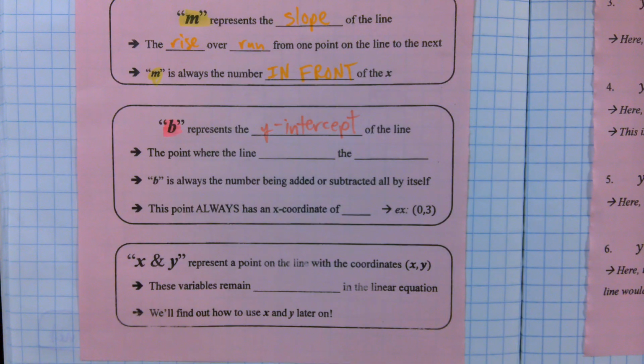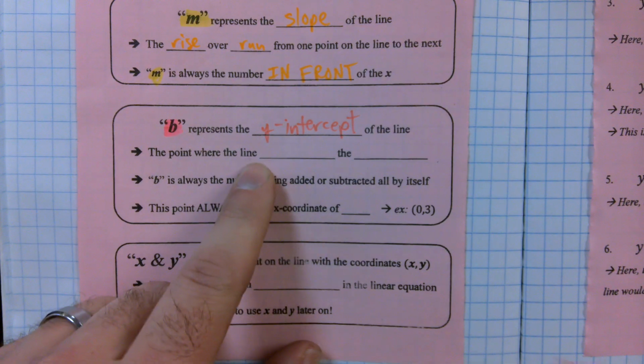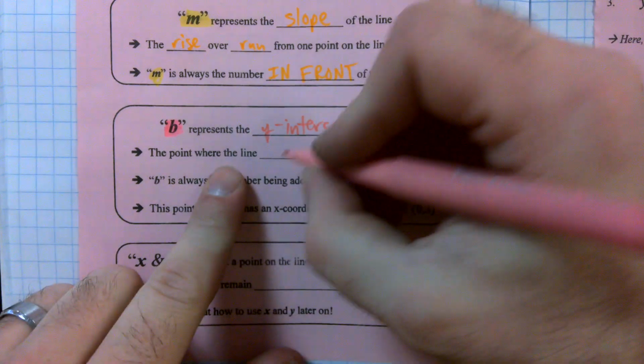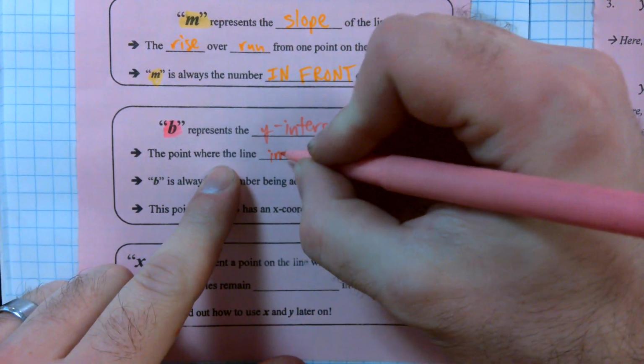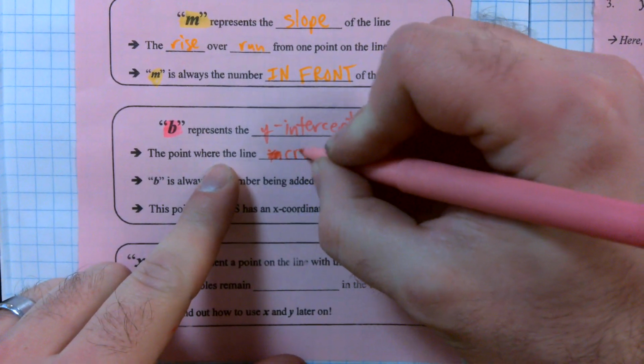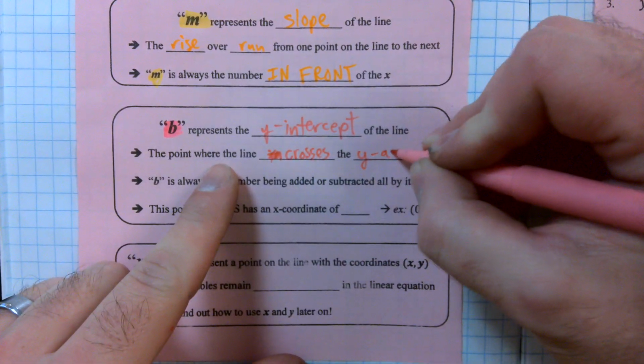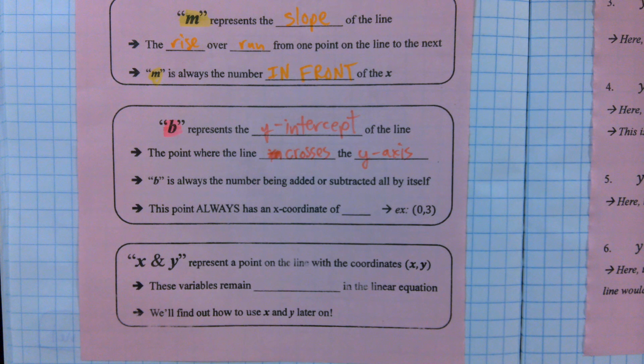It's going to stand for begin, as well as boyfriend. So like we said, this is the point where the line intercepts, we're going to keep it nice and simple, crosses the y-axis. Okay, I think we understand a little bit more what it means to cross as opposed to intercept, hopefully.